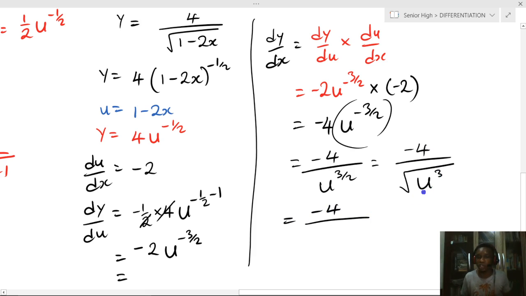What is our value of u? Our u is 1 minus 2x. So we have the square root of 1 minus 2x, and everything raised to the power of 3. So this is the final answer for dy dx: minus 4 over the square root of 1 minus 2x raised to the power of 3.